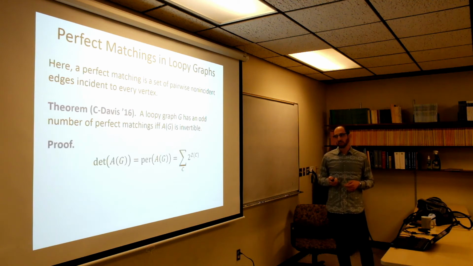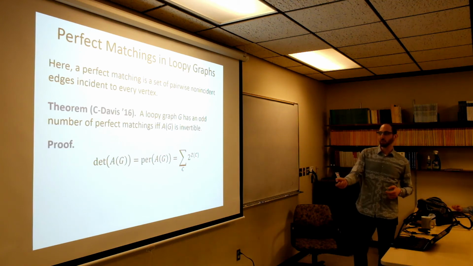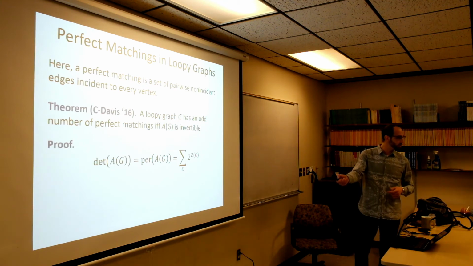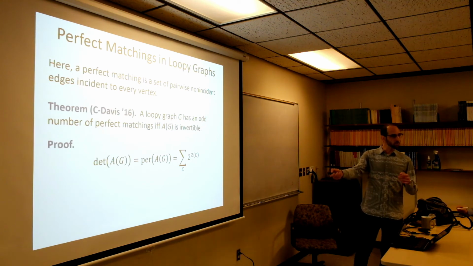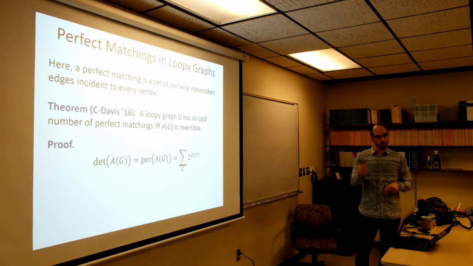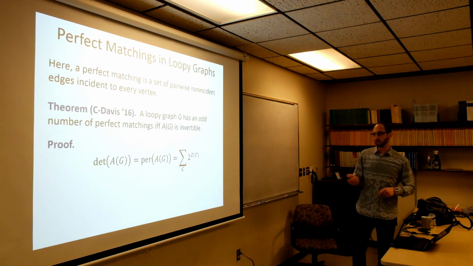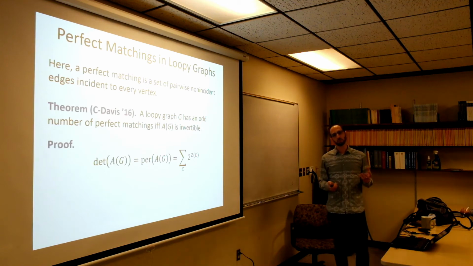So the proof of this is just the fact that the determinant equals the permanent over F2. Really handy fact, right? So the permanent, which counts the number of perfect matchings, still even for loopy graphs, equals the determinant. You get the permutation expansion of the determinant, and then you break permutations up into cycles. And how many terms does each disjoint union of cycles contribute?